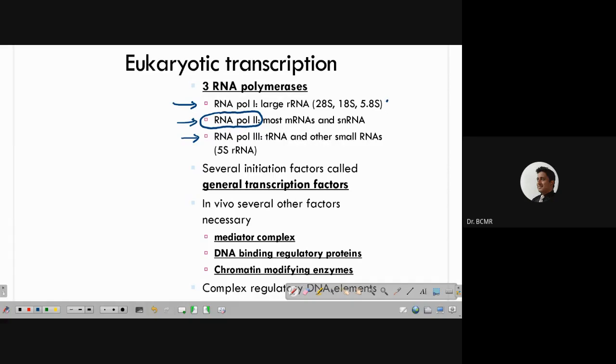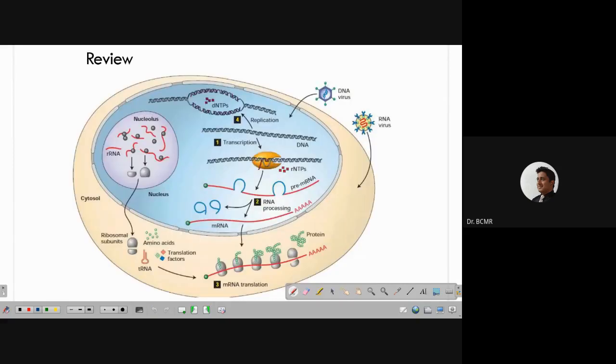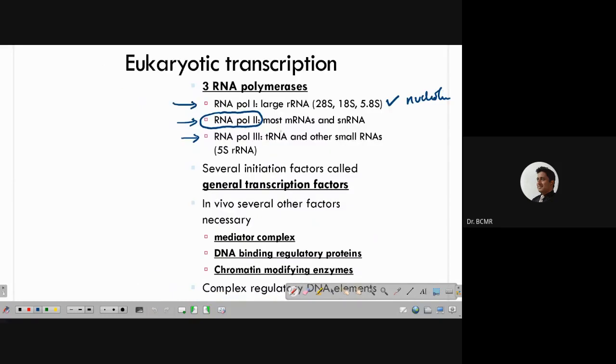The rRNAs are synthesized by RNA pol 1, so it must be more in the nucleolus, because I described to you that the production of rRNA and assembly of ribosomes happens in the nucleolus. So RNA polymerase 1 is likely to be in the nucleolus. And then there is RNA polymerase 3, which is mostly about generation of tRNAs and other small RNAs.